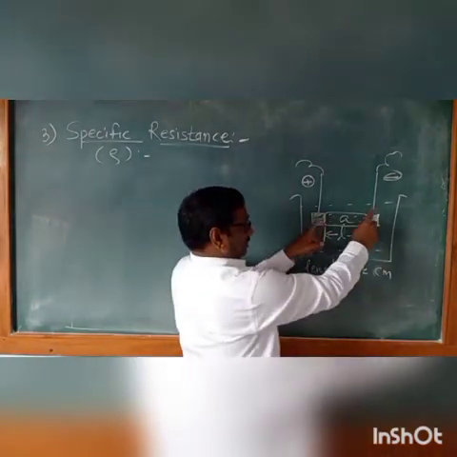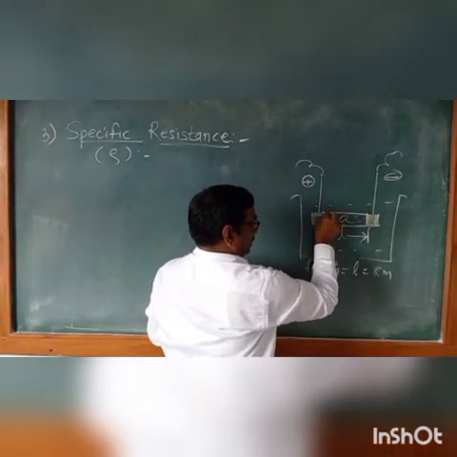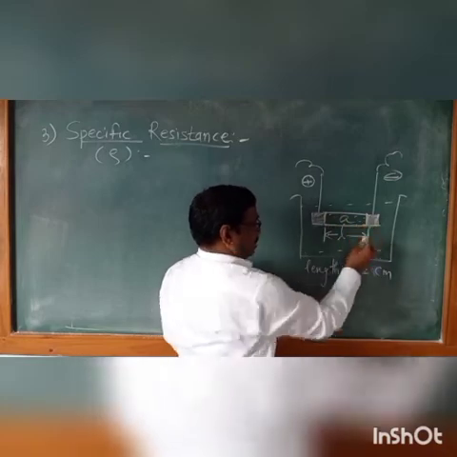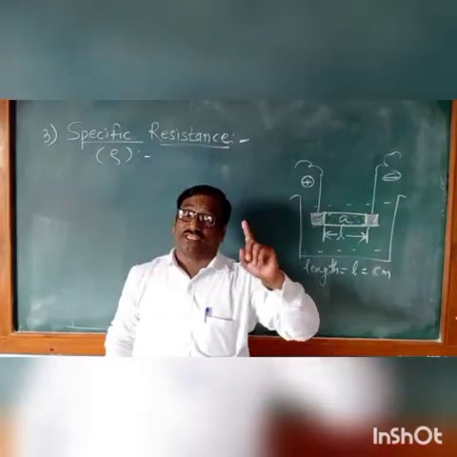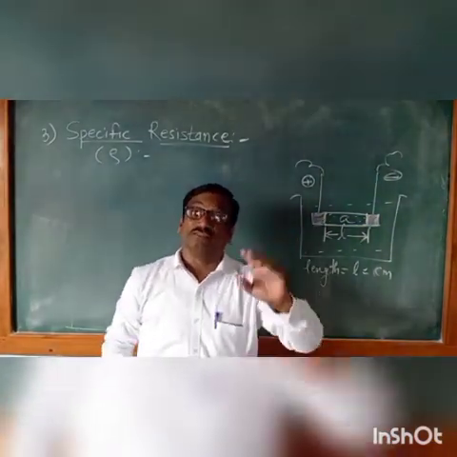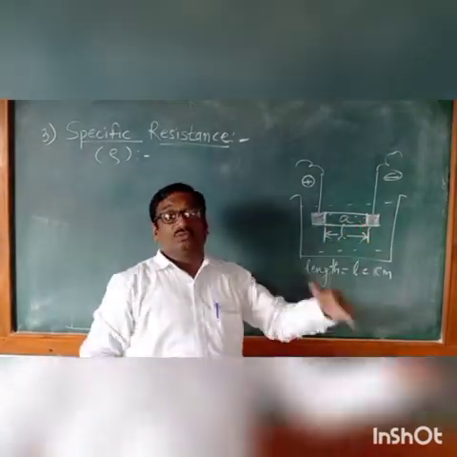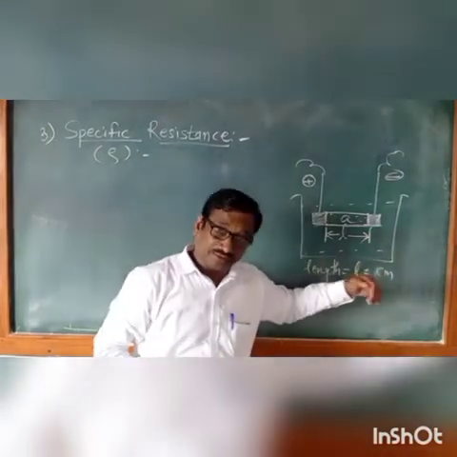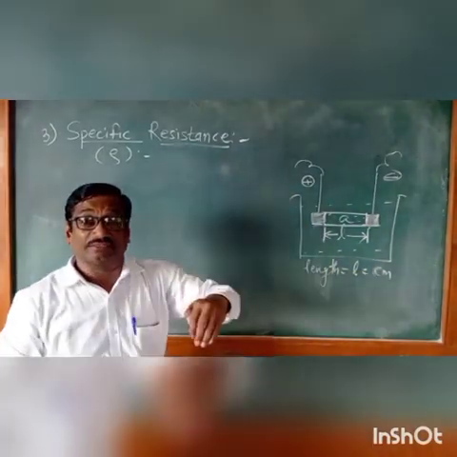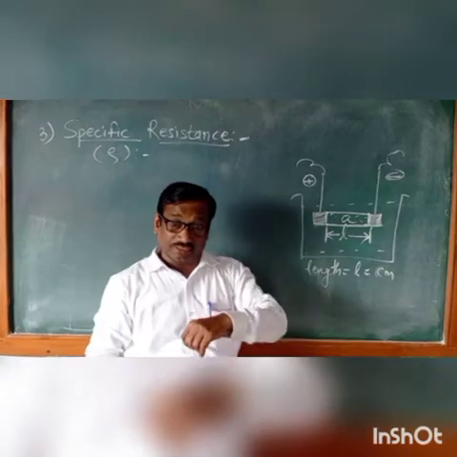A is the cross-sectional area between the two electrodes, the cross-sectional area of the uniform conductor. That electrolyte solution has the capacity to carry the current. It contains positive ions and negative ions.